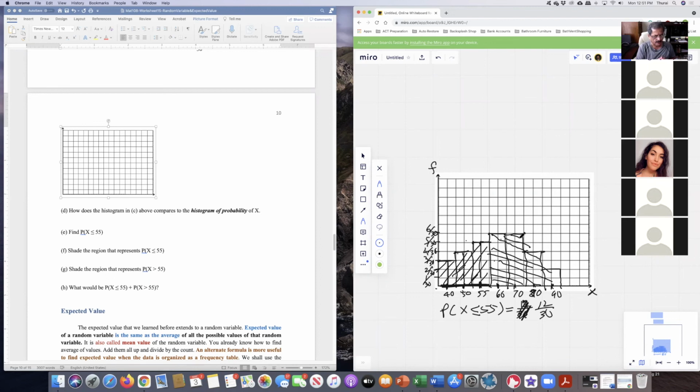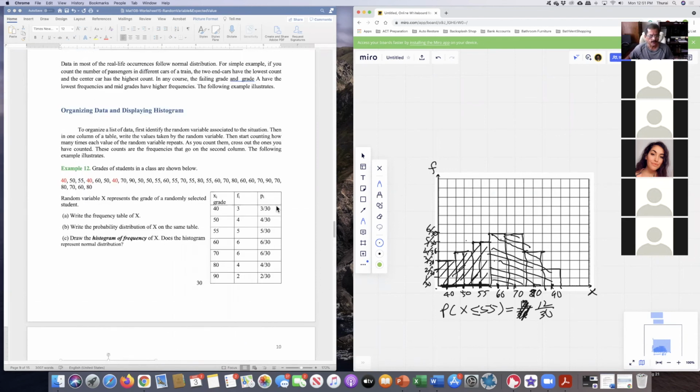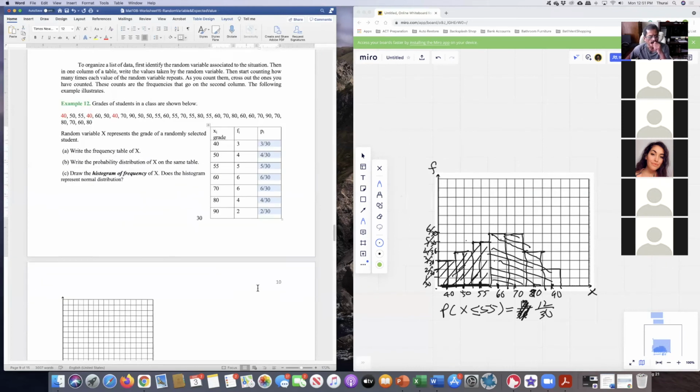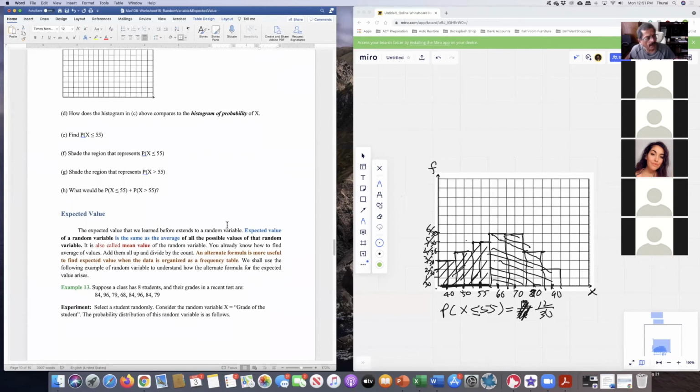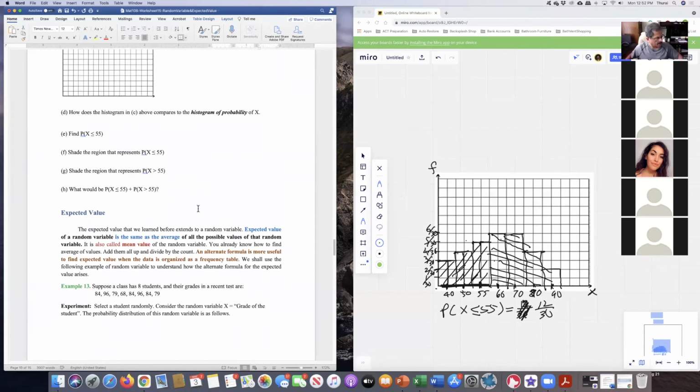What would be the sum of those? 1. Right. The entire probability will have to add up to 1. And if you add up these probabilities here in the table, they're going to add up to 1. That's clear. It's going to be 30/30 if you add them up. So all the probabilities have to add up to 1. All right, so that's how you do the histogram.